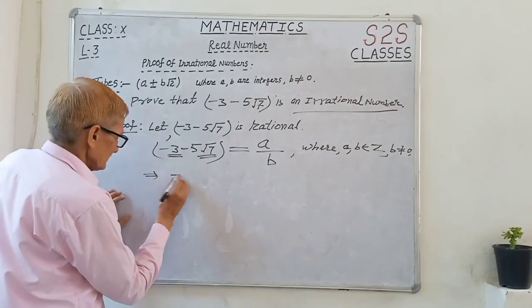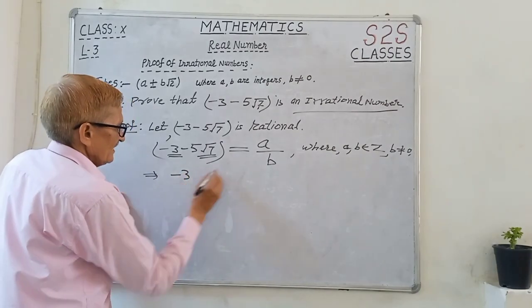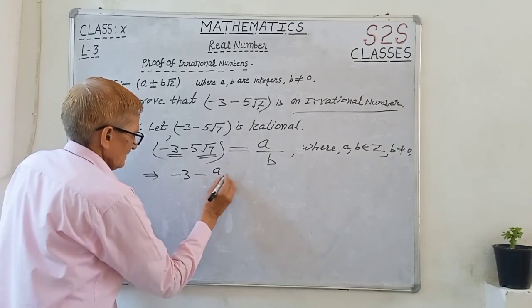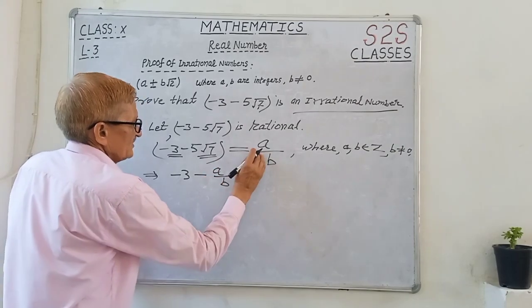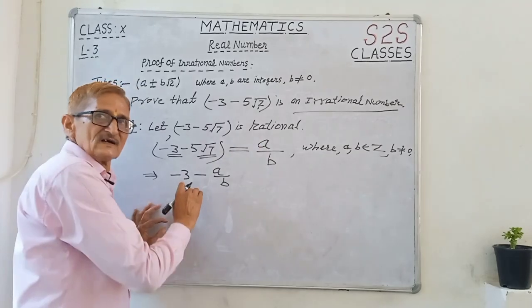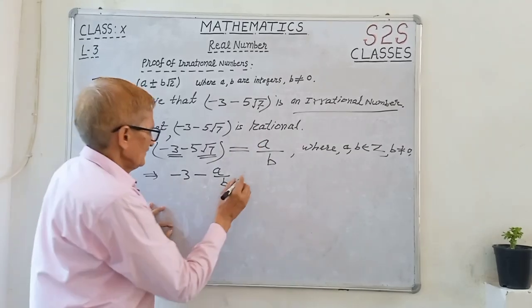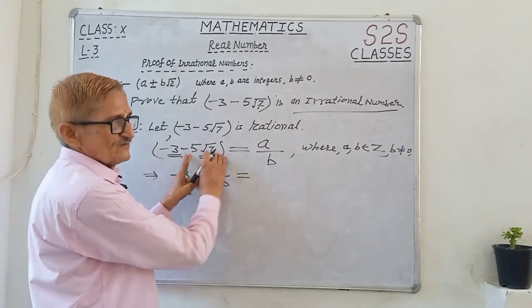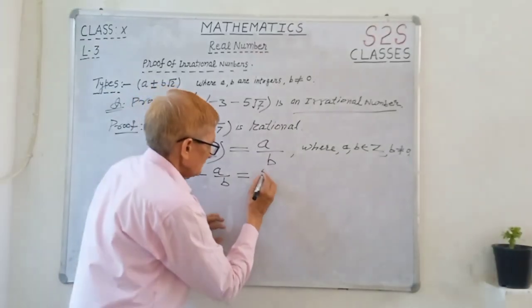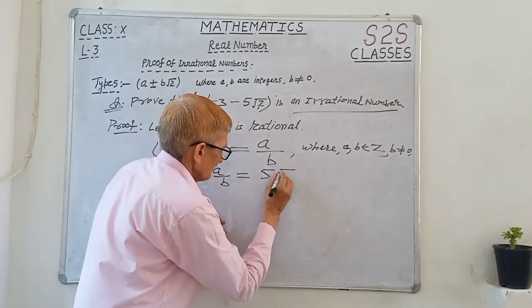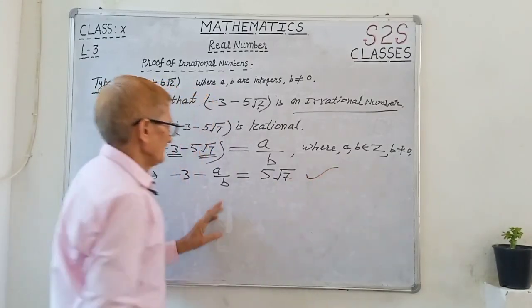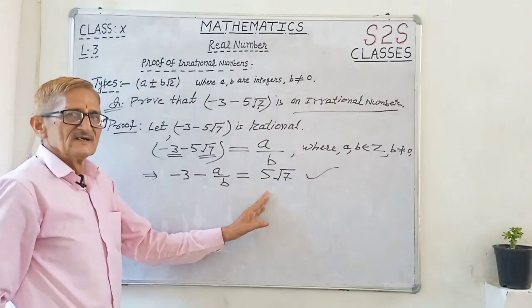So minus 3 as it is, and here take minus a upon b. This term is positive on the right hand side, so here negative will come, and minus 5 root 7 will go to that side as positive 5 root 7. Understand this step, it is very important.